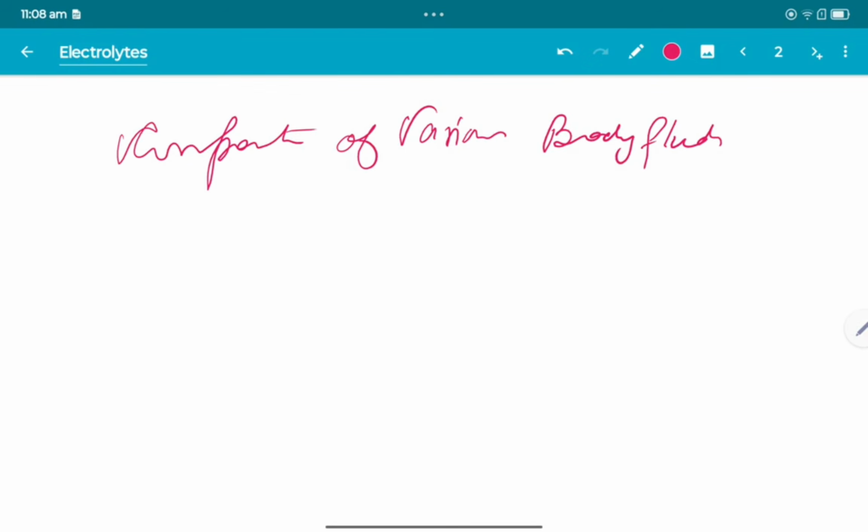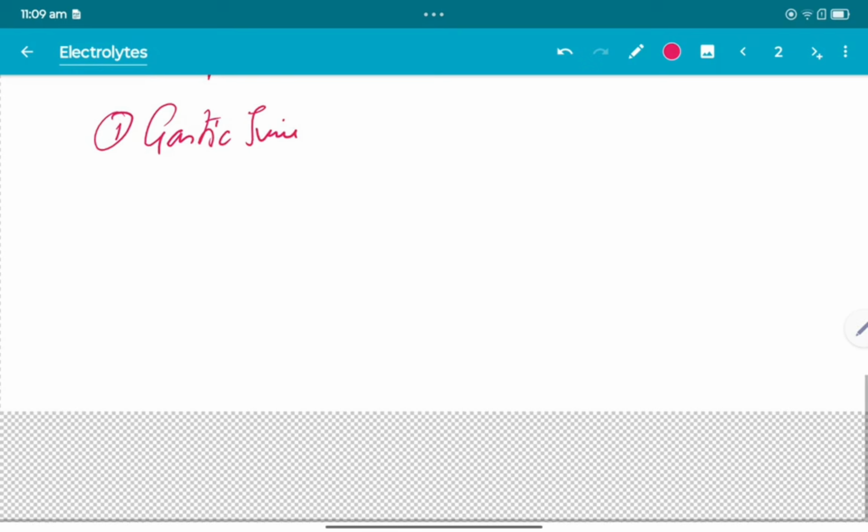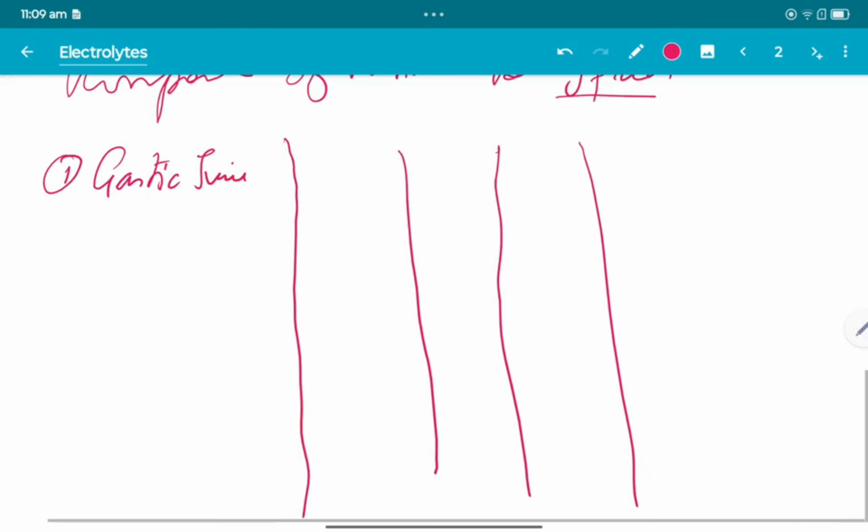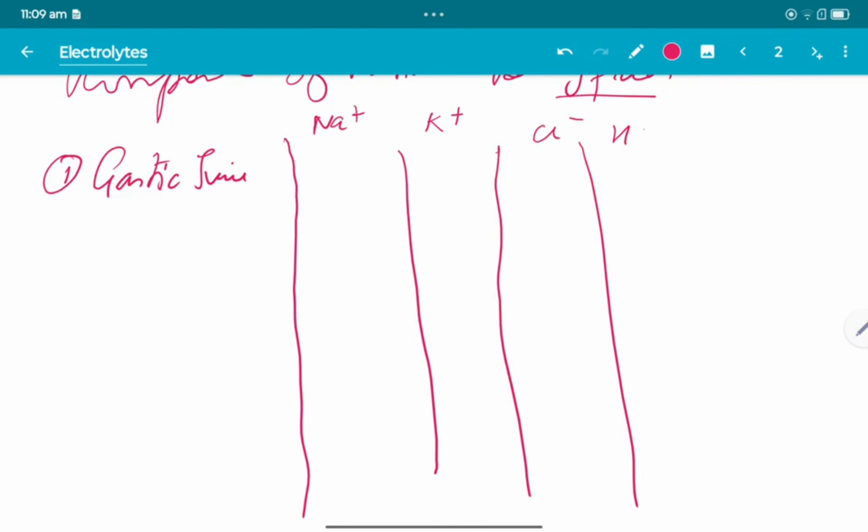First is the gastric juice. Suppose here we have sodium, potassium, chloride, bicarbonate.